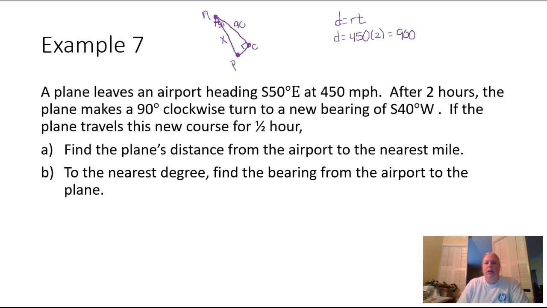That's this side right here. Then, from here to here, where the plane is right now, the plane is traveling 450 miles per hour for a half an hour, and that's going to give us 225. So this side right here is 225.